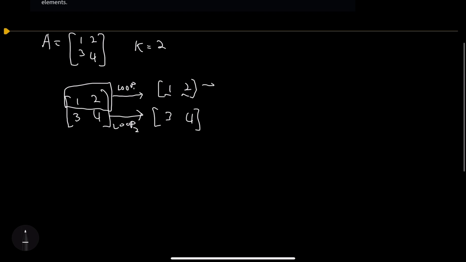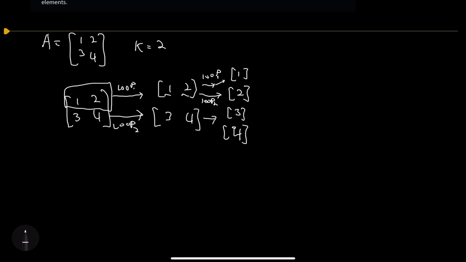So from here, we would also have to loop again, and the loop would be basically separating it into 1 and 2. Loop 1 would make it into 1, and loop 2, the second iteration of that loop, would make it 2. And we could do the same exact thing for 3 and 4, and then what we want to do is multiply that times k.